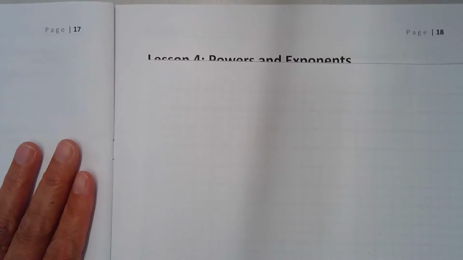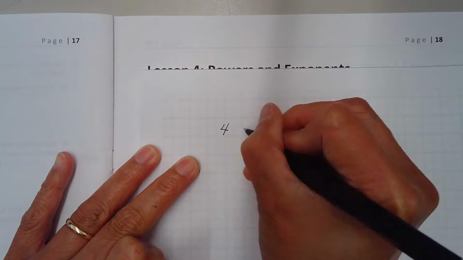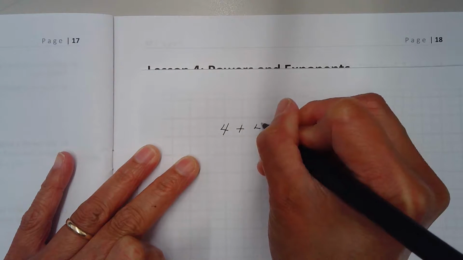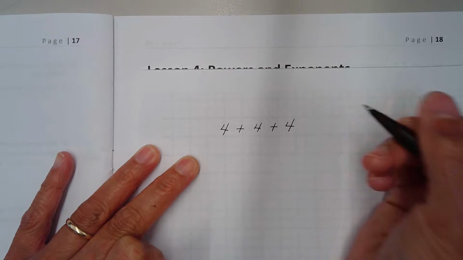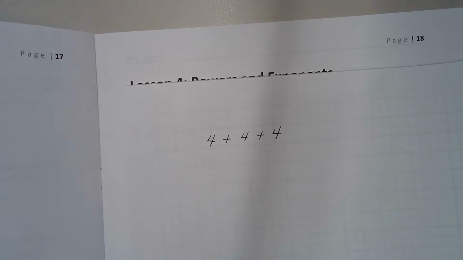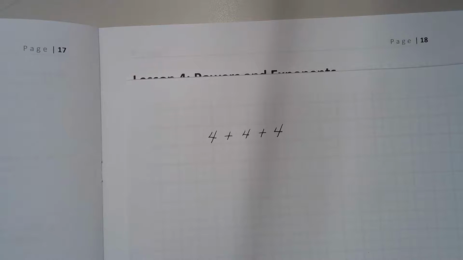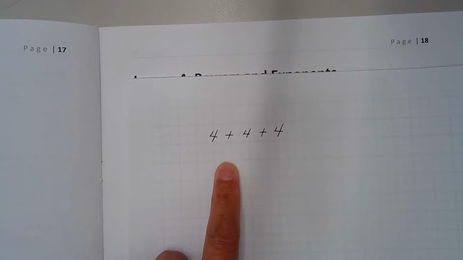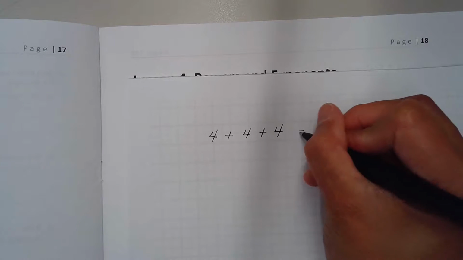If I say, okay, this is before we talk about powers and exponents, what is that equal to? Okay, hold on for a second. What would this equal to? 12. Okay.